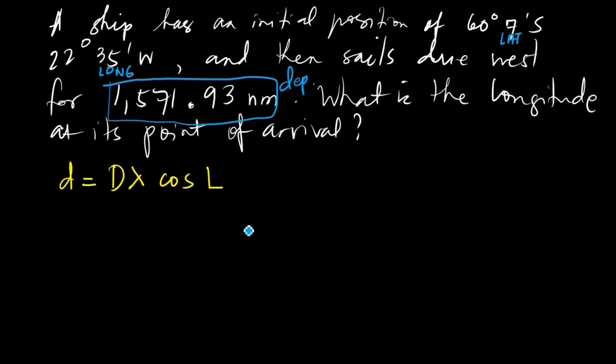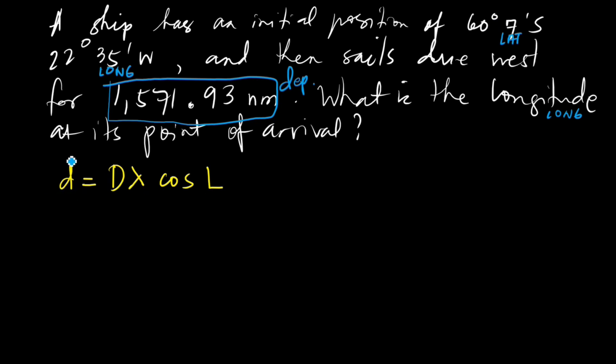What is the longitude at its point of arrival? So we need the second longitude, or the longitude at the second point. Considering that this is parallel sailing, the latitude will be the same. Okay? So in this formula that we have here, we can try to analyze it.